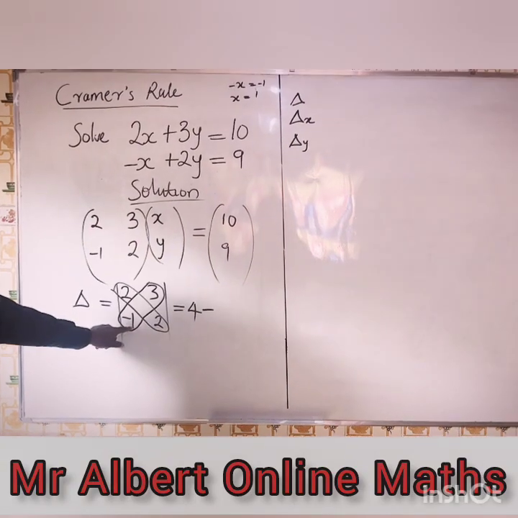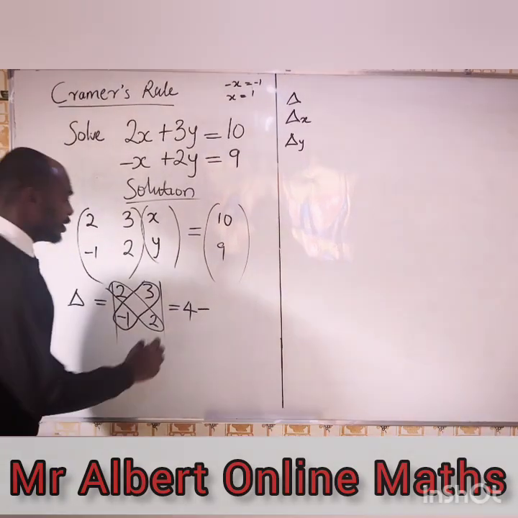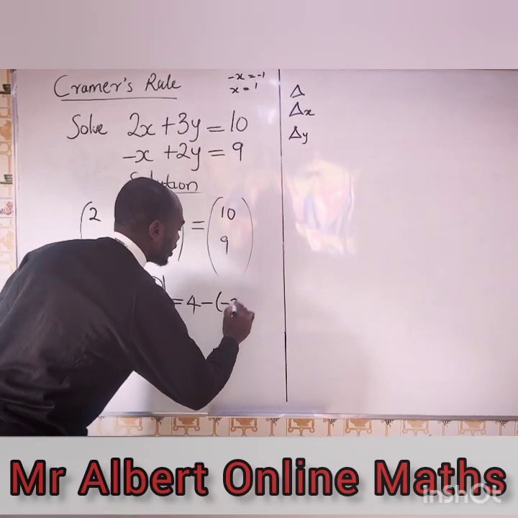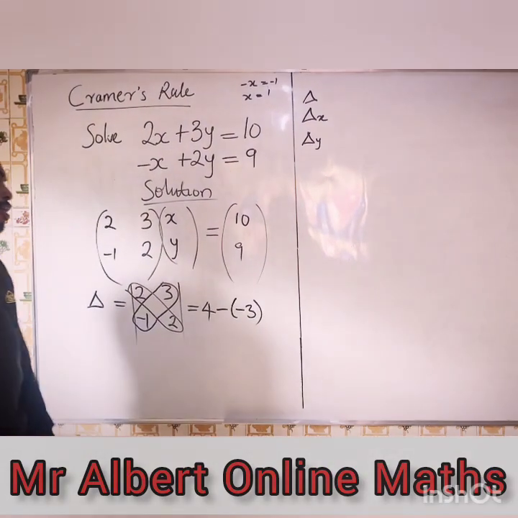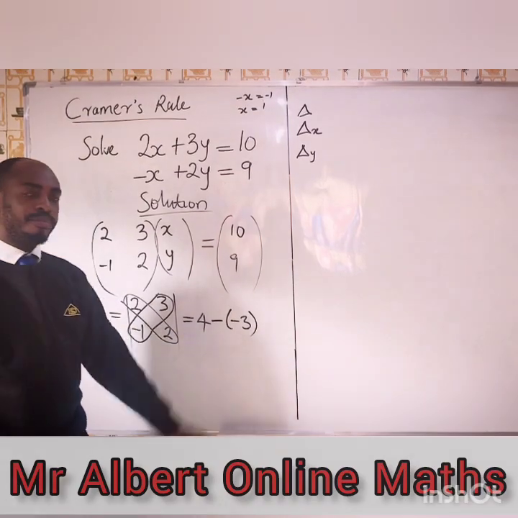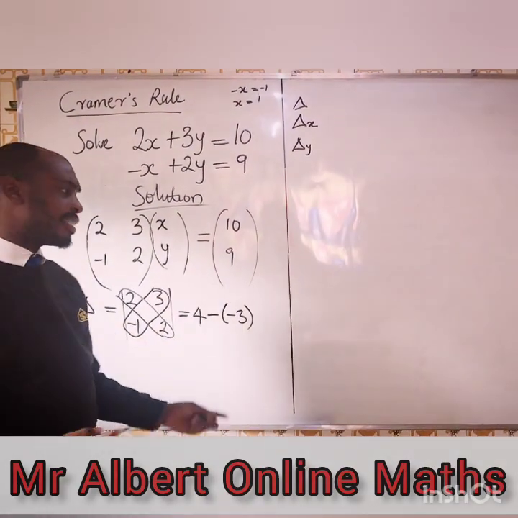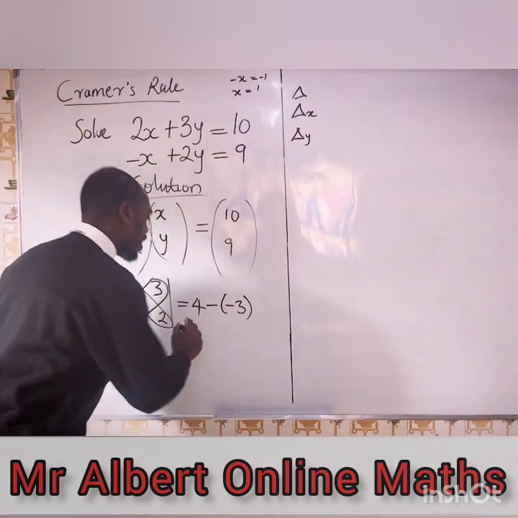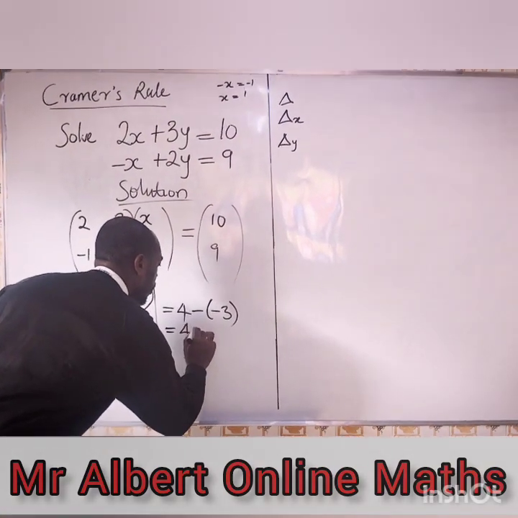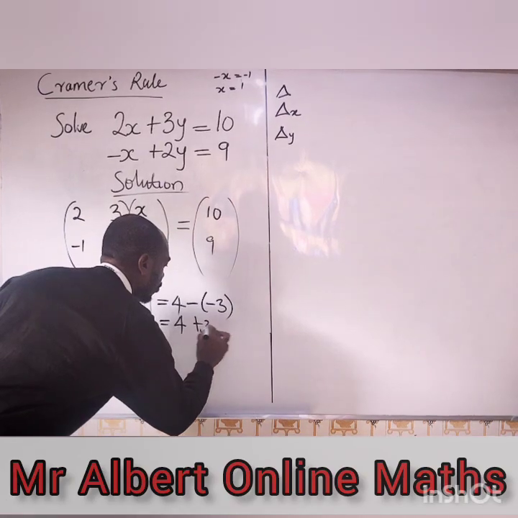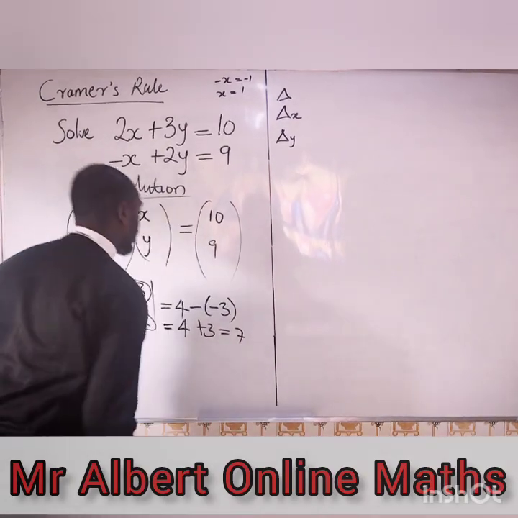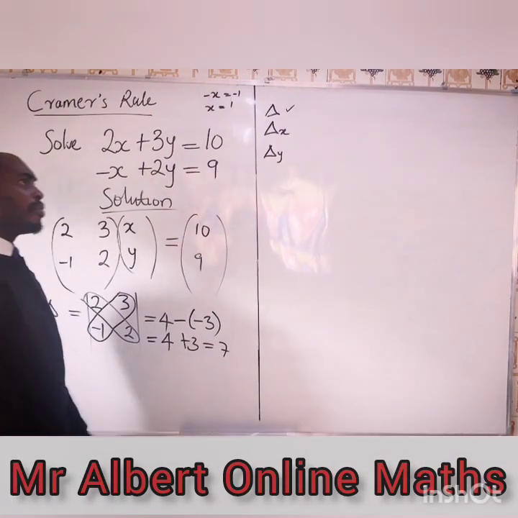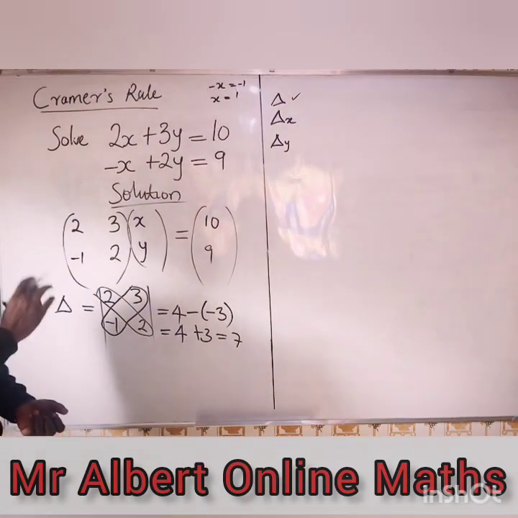Minus 1 times 3 gives us minus 3, that is, negative 3. Remember, when you have a negative sign before a bracket, it will alter the sign of the 3 inside the bracket. So what we have is 4 plus 3, which equals 7. We have gotten the first one. This is done.